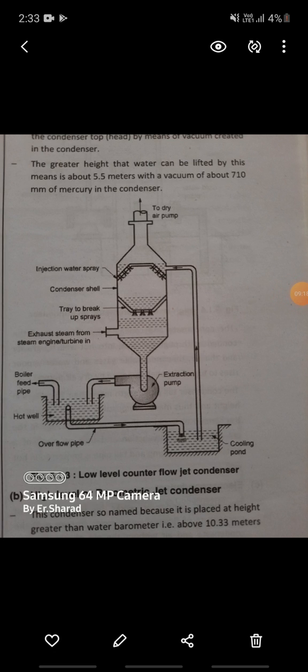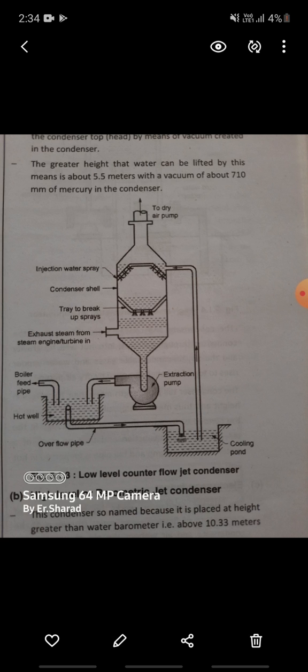Low level jet condenser may be subdivided according to the direction of flow of steam and water as first, parallel flow low level jet condenser, and second, counter flow low level jet condenser.